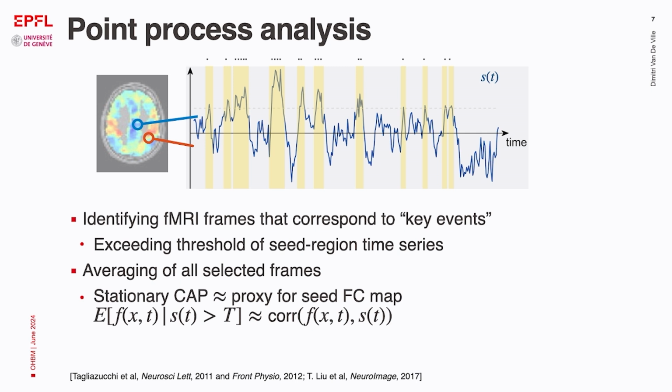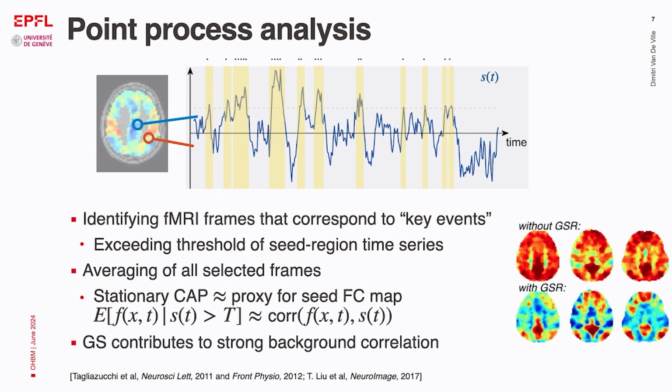That is often referred to as a stationary CAP, which is a proxy for a seed functional connectivity map. And the mathematical formula you see there, the expectation of your data conditional to where your seed is exceeding a certain threshold t, is indeed a proxy for a correlation value.